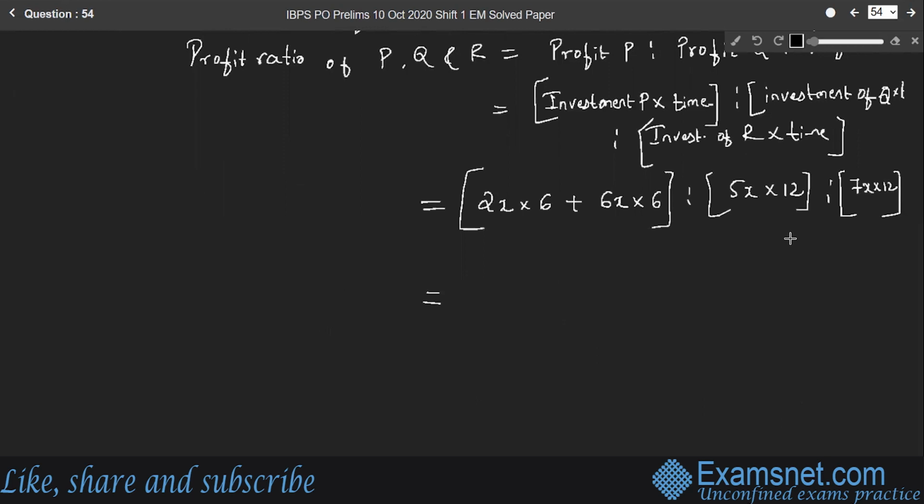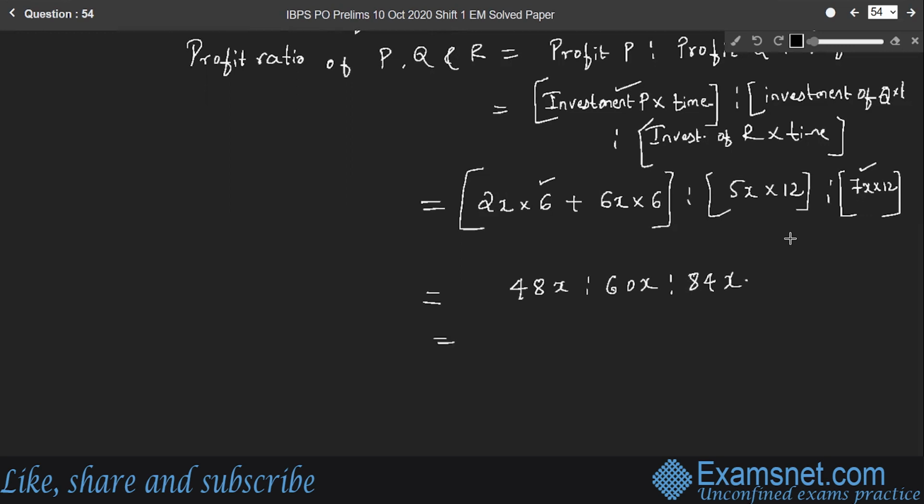Therefore, their profit ratio is the ratio of the product of investment and time. 2x into 6 is 12x plus 36x, which is 48x, is to 12 into 5, 60x, is to 12 into 7, 84x.